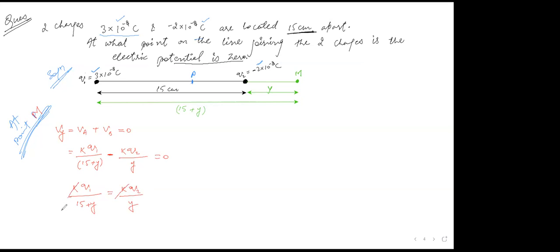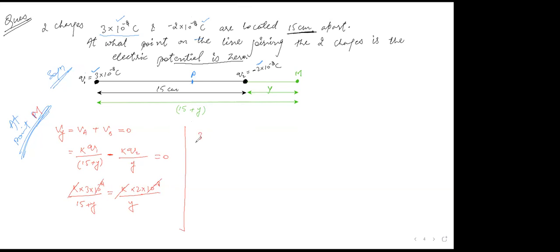K is cancelled with K. You can put in the values. What is your Q1? 3 into 10 raised to the power minus 8. And Q2 is 2 into 10 raised to the power minus 8. Both 10 to the power minus 8 will cancel each other.